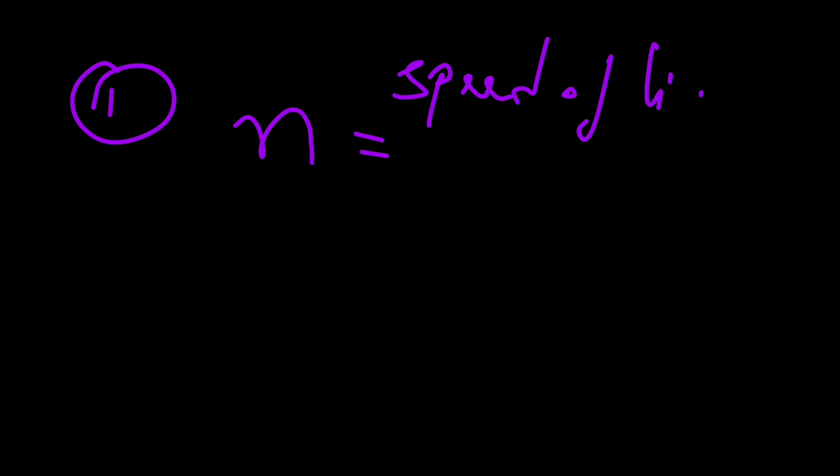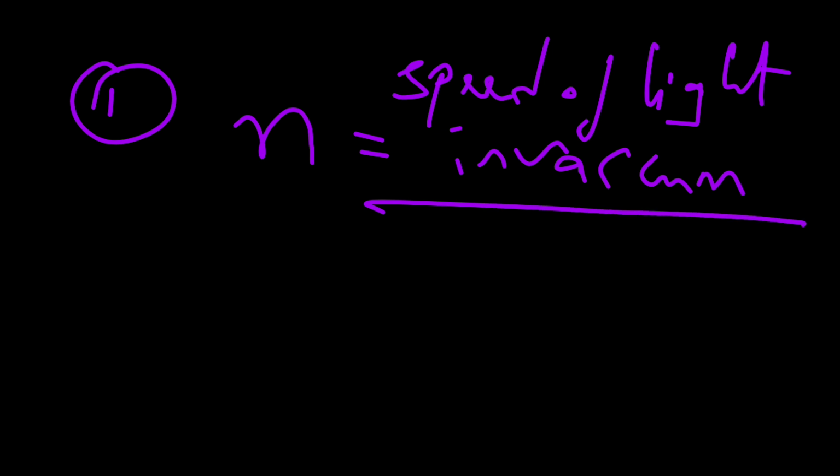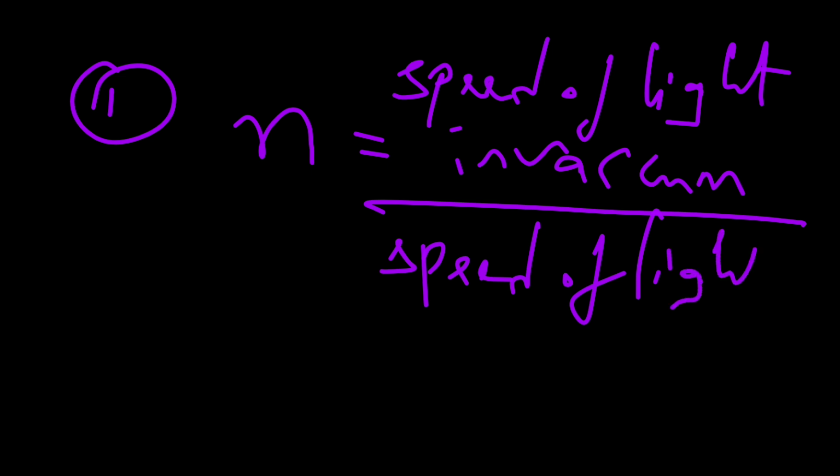Refractive index is the ratio of similar quantities: n is equal to the ratio of the speed of light in vacuum to the speed of light in a particular medium that you want to measure.